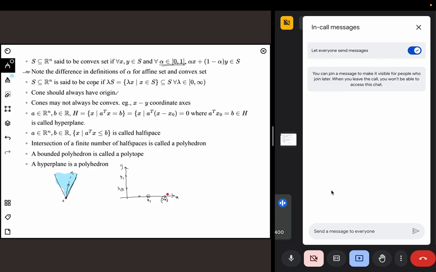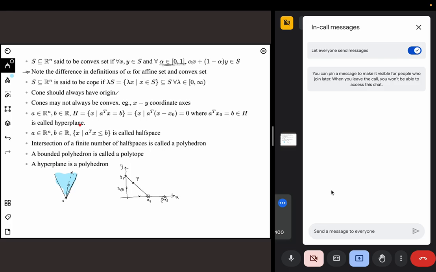So any point I take on the axes, I can always scale and bring back on the axes only. So this is a cone, but it is not a convex set, because if you take these two points x1 and y1, the combination alpha x plus 1 minus alpha y should give me a line. Depending on the value of alpha, it will be somewhere here, whatever alpha value you choose. So this does not belong to the axes, so it is not a convex set. A cone may be convex, but it is not guaranteed that a cone will always be convex.